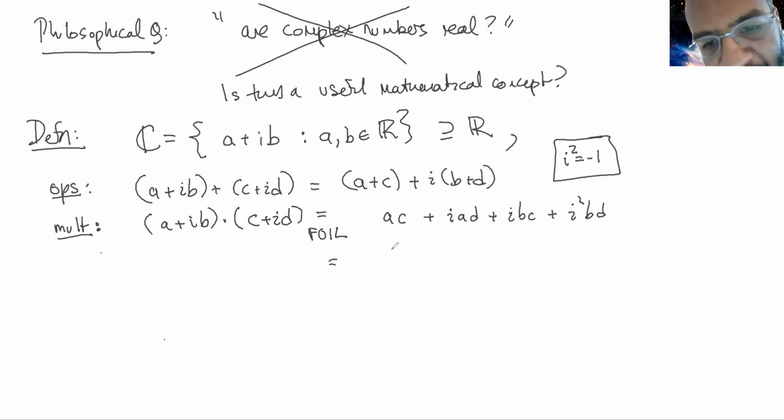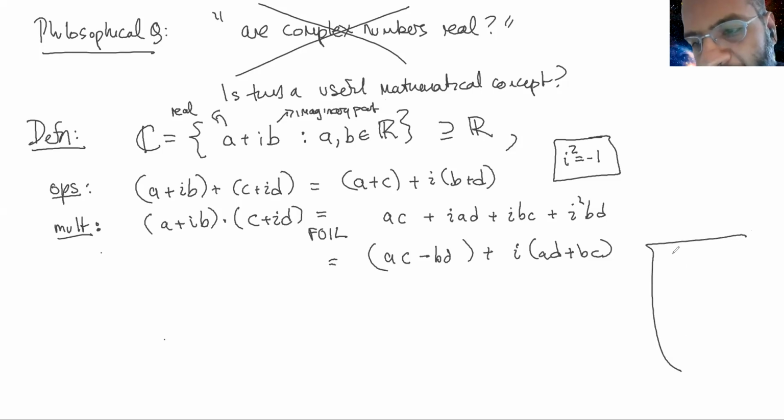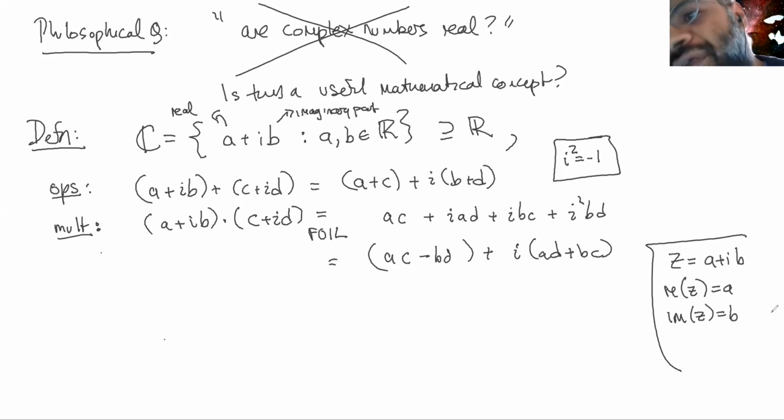Now if you group the real and imaginary parts, you get ac minus bd plus i times (ad plus bc). This is called the real part, and this is called the imaginary part. If you write a complex number z as a plus ib, then the real part of z is equal to a, the imaginary part of z is equal to b, and a and b are real numbers.